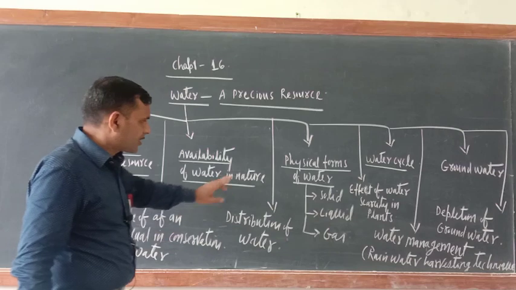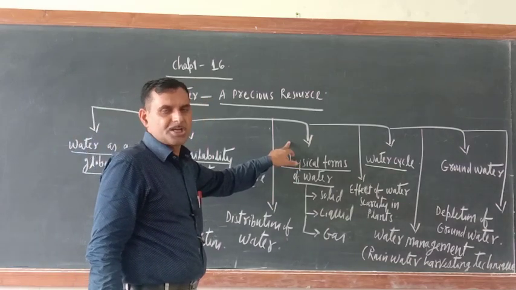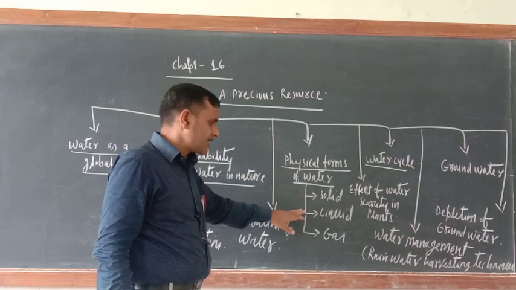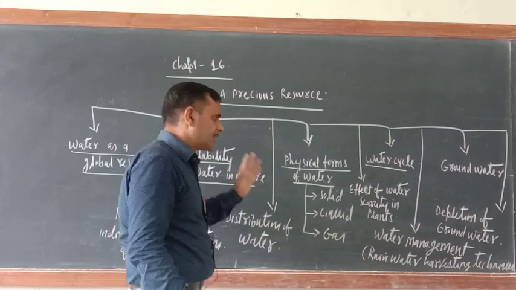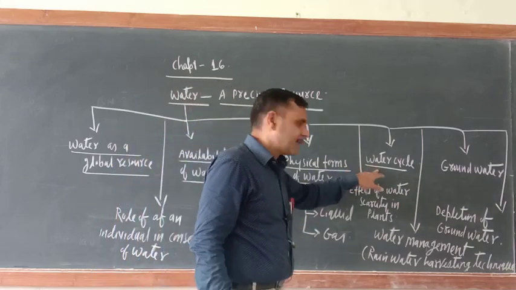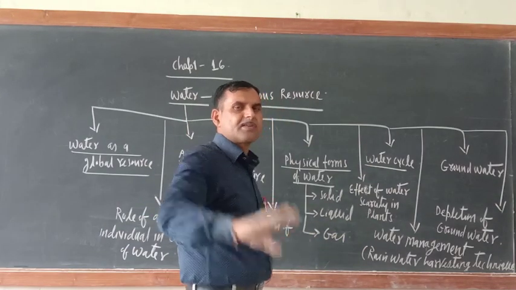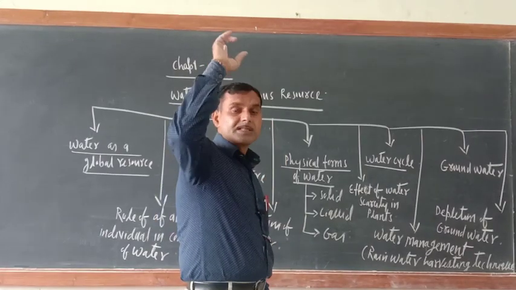Okay. Another thing is in how many forms water is available in nature. Water is available basically in three forms: solid, that is ice; liquid, that is water only; and gas, that is water vapor. We'll discuss that also. Next one is the water cycle. In the water cycle we will discuss the flow of water from earth to sky.